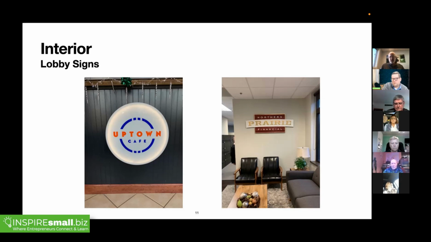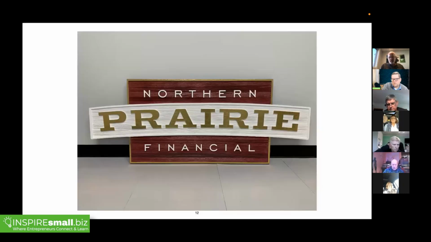It's got the Uptown logo. It makes the reception area less plain, helps sell the brand, so that people know they're in the right place, and people really love it. The other one, Northern Prairie Financial, I get a much bigger picture here of what it actually looks like. This is a sandblasted cedar sign, and then hand painted, and the gold on the prairie is gold leaf.